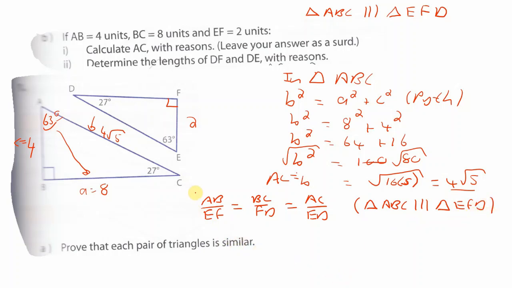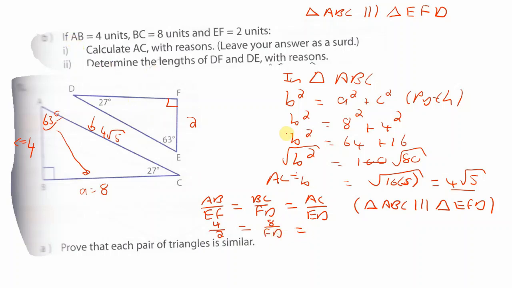So now AB we know is 4, so we have 4. EF is 2. BC is 8. FD is one of those that we have to determine.